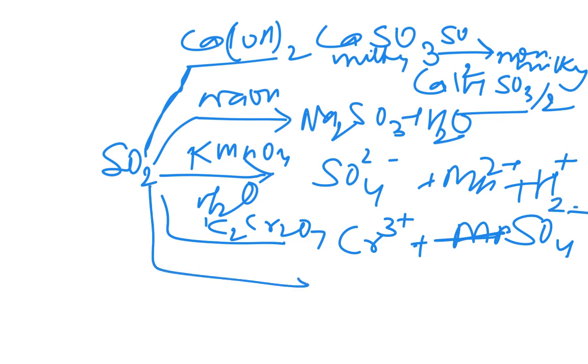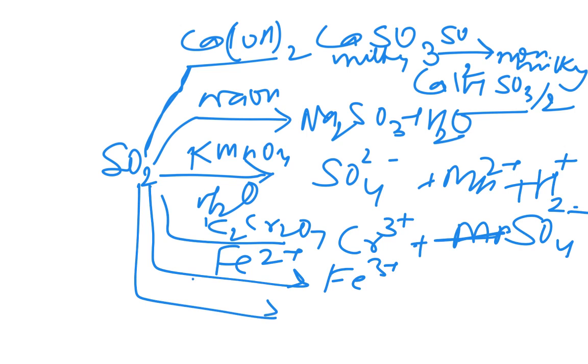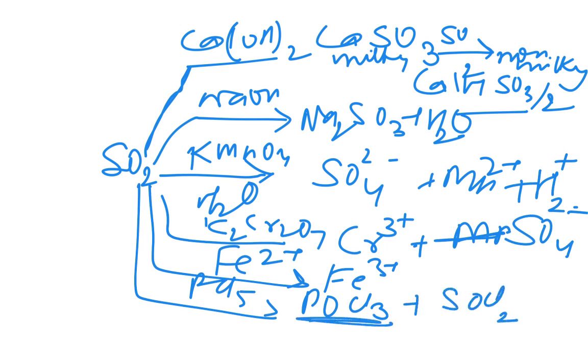If you take Fe2+, it will be converted to Fe3+. If you take PCl5, then you get POCl3 plus SOCl2. This acts as a dehydrating agent. So these are some of the reactions. You have to just memorize them, right?